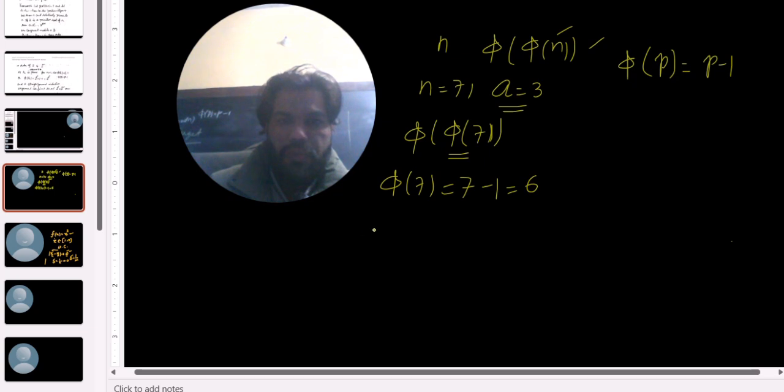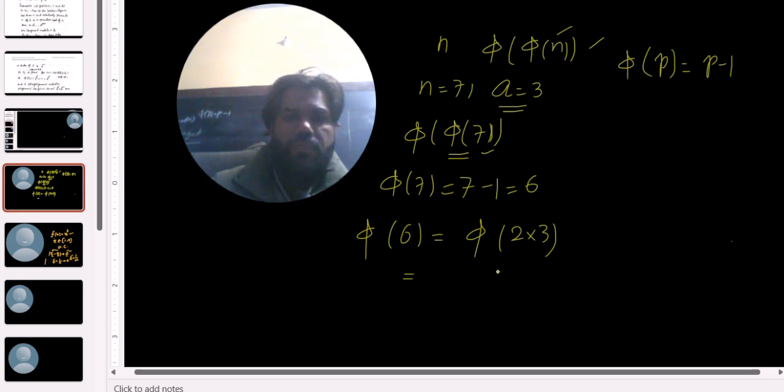So now we have to calculate phi of 6. By putting phi of 7 here, this becomes phi of 6. If we make the prime factorization of 6, this is simply 2 into 3. We know phi is a multiplicative function, meaning we can apply phi separately as a product on both of these integers.